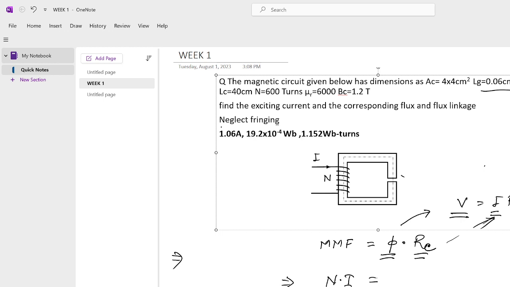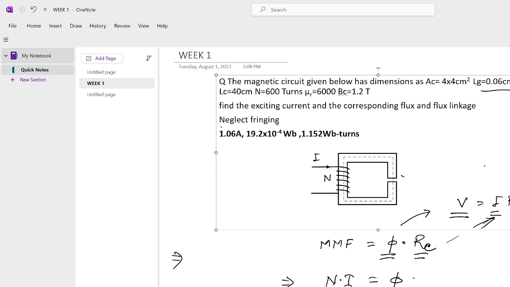So it has given neglect fringing. That means the flux density inside the core will be the same as the flux density inside the air gap. Clear? So we have flux into Rc. What is Rc? Reluctance. So how will you find reluctance? This is L by mu A, where L is the length of the magnetic path divided by the permeability of the core or the air, whatever it is, and A is the cross sectional area through which the flux lines are passing.